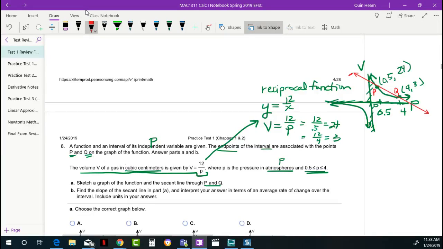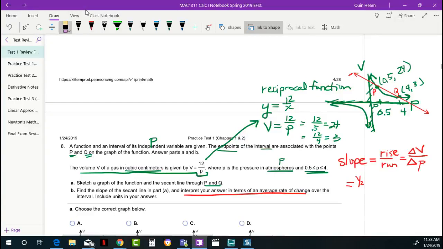All right, then they're asking us, find the slope of the secant line and interpret your answer in terms of average rate of change. Okay, so slope, we know, is equal to rise over run, right? Which is, in this case, the change in the volume, triangle means change, over the change in the pressure. And when we have 2 points, we can still use y2 minus y1.